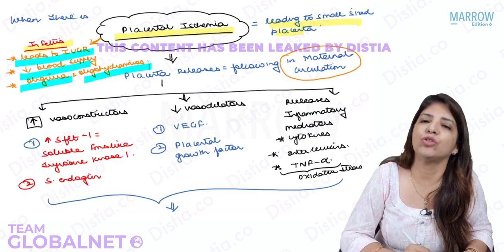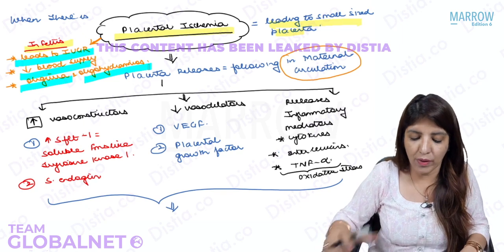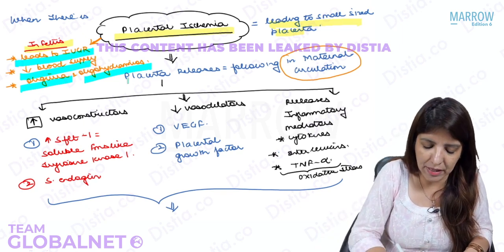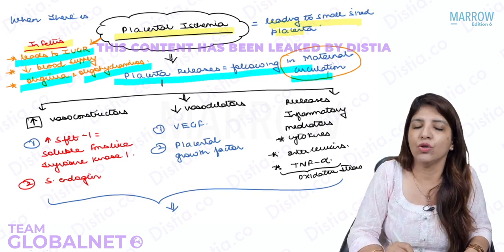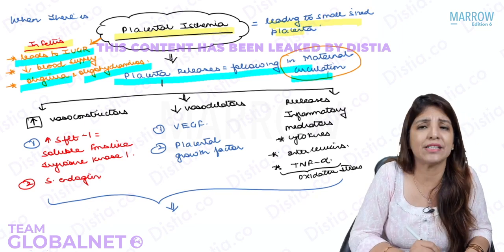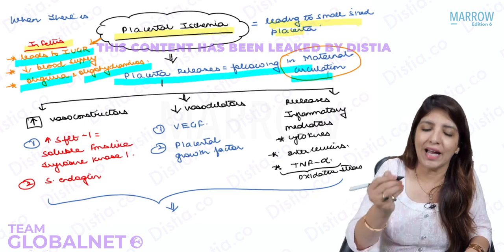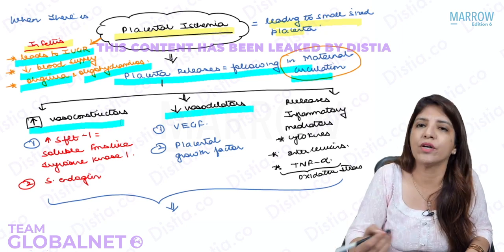Now let us see how this placental ischemia is going to lead to maternal syndrome. Whenever there is placental ischemia, the placenta is going to release the following into the maternal circulation. Vasodilators are going to decrease. Vasoconstrictors are going to increase.